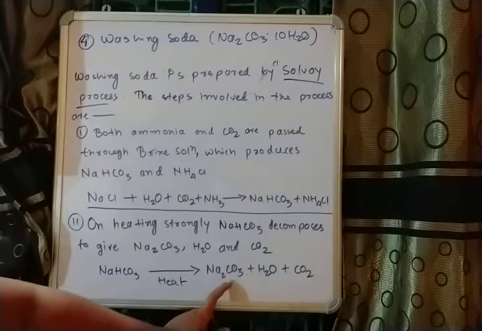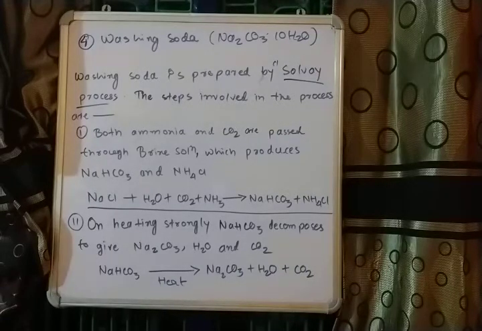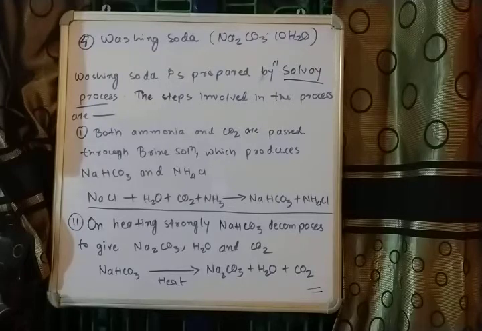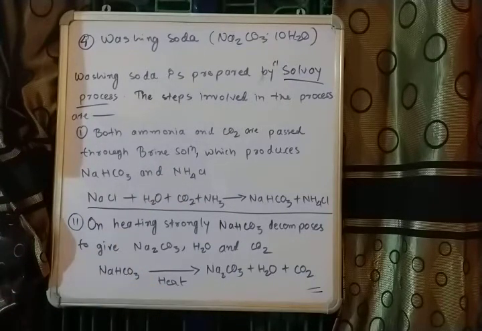Along with sodium carbonate, we also have water and carbon dioxide. I think we have already discussed this in the preparation of baking soda as well, so there is nothing much to worry about. If you remember the reactions involved in washing soda, it will be very easy to remember the reactions for baking soda as well.